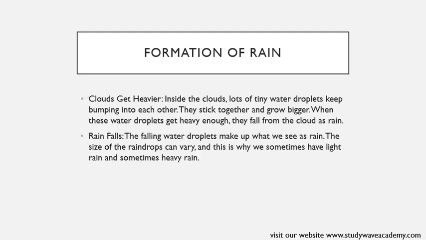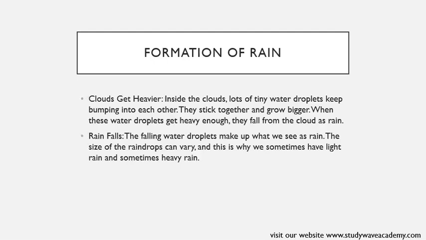So inside a cloud, water droplets keep bumping into each other, combining and growing. When they get heavy enough, they fall from the cloud. These falling water droplets are what we see as rain. Rain falls. The falling water droplets make up what we see as rain.